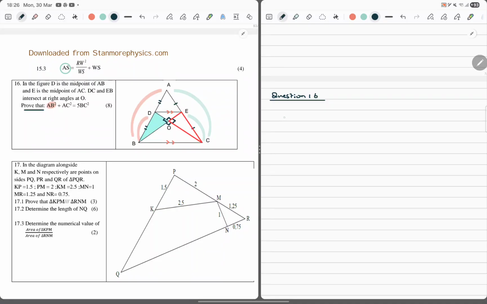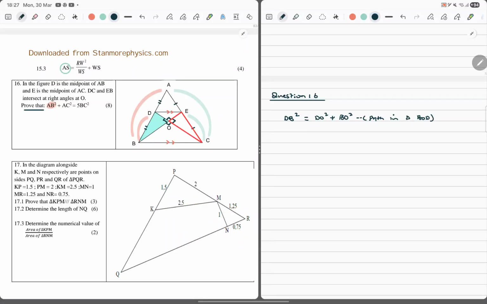So I'm going to say DB squared is going to be equal to DO squared plus BO squared. This is Pythagoras in triangle BOD.